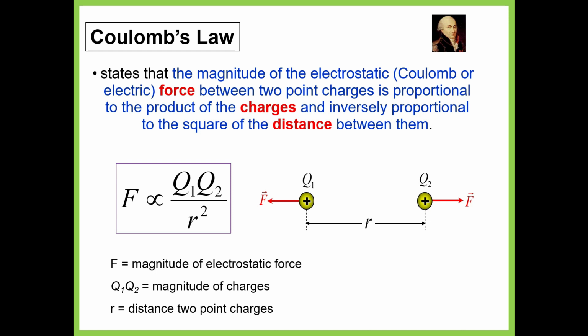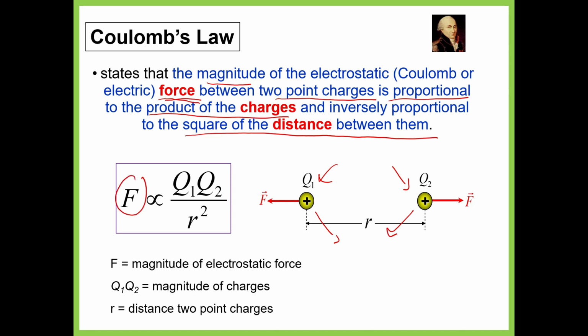Coulomb's law discusses the force between 2 static charges, and it states that the magnitude of this force between the 2 point charges is proportional to the product of the charges, and inversely proportional to the distance between the 2 charges, which means if you bring these 2 charges closer, the force will be bigger. And if we have a bigger magnitude of these 2 charges, you are going to get a bigger force.